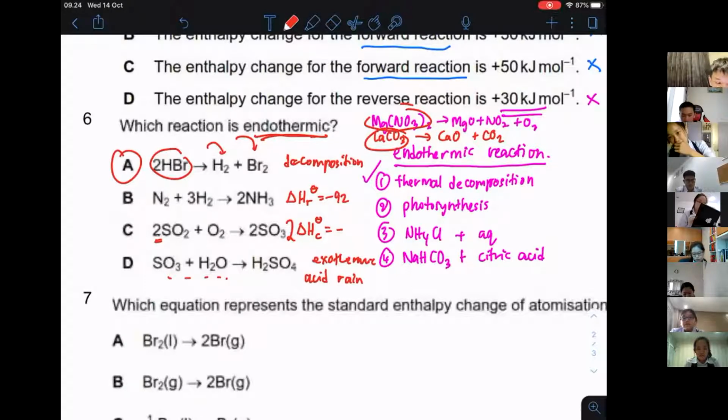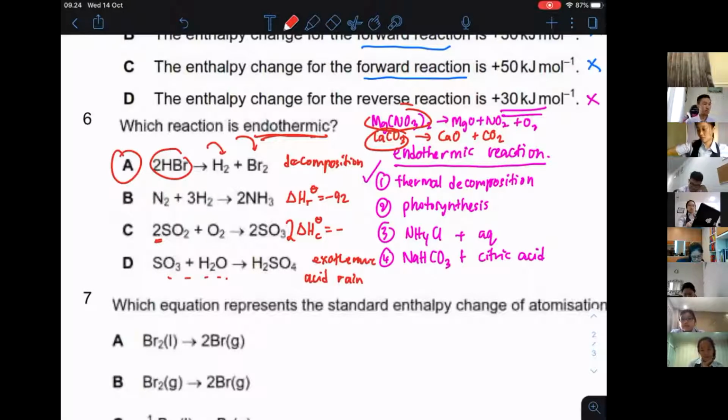The next lesson after today's lesson is going to be about bond breaking and bond formation, and it depends on those values. That explains why we can say ammonia production is exothermic and decomposition is always endothermic, because there is a difference between the amount of energy for forming the bond and breaking the bond.